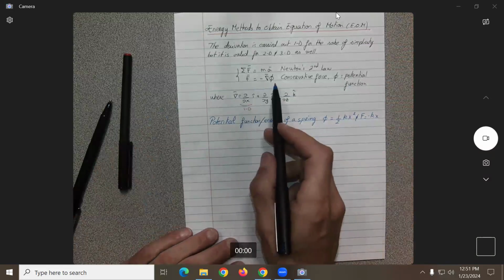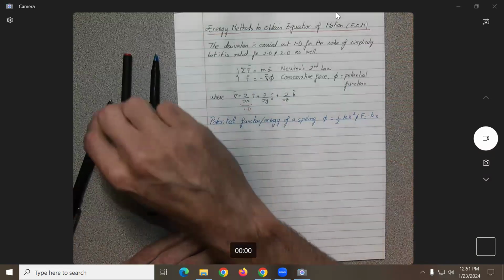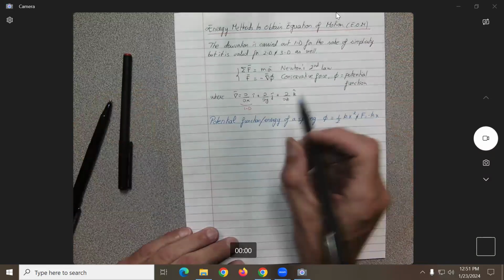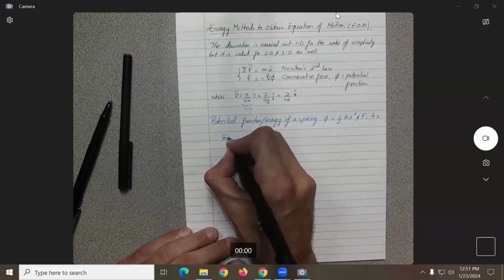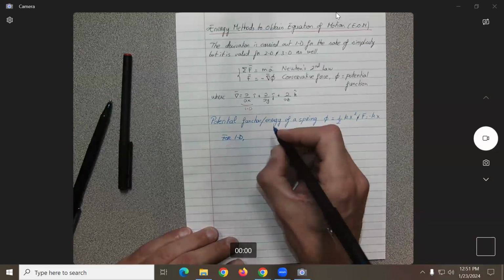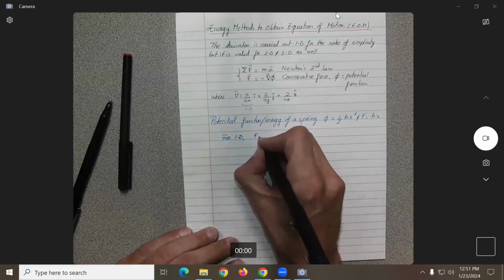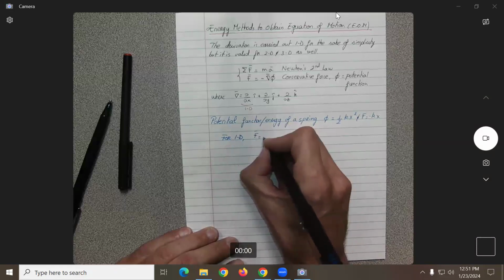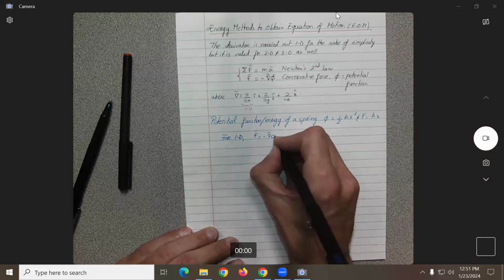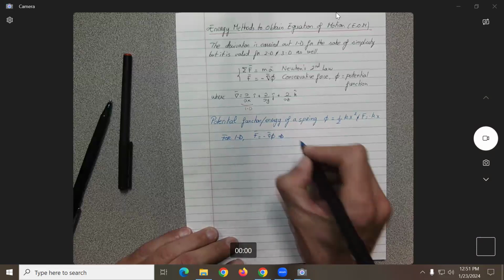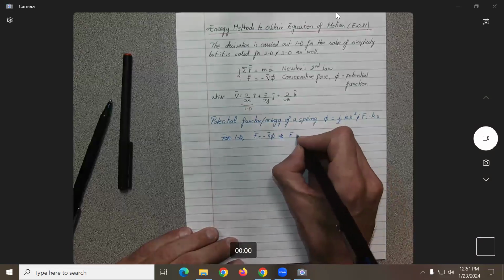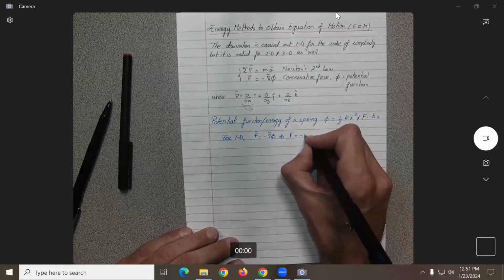Okay. So let's see if this equation here is valid. So for 1D, we have F equal to minus the derivative of this one. So this should give you what? The spring force should be equal to what?